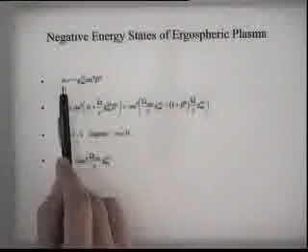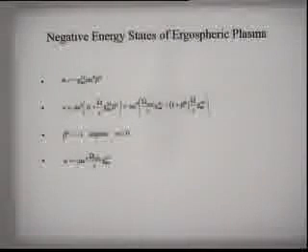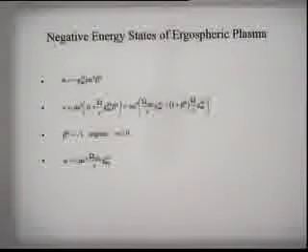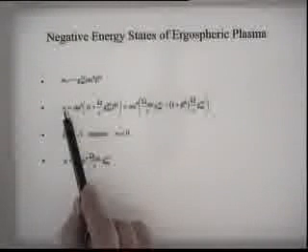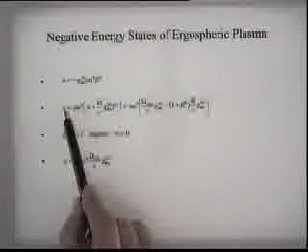Now, in order to understand the energetics of this problem, we introduced the idea of negative energy states of plasma in the ergosphere. This is the key to coupling to the hole. Again, here's the specific mechanical angular momentum with an extra minus sign. Minus m is really the specific angular momentum. Here's the specific redshifted mechanical energy.